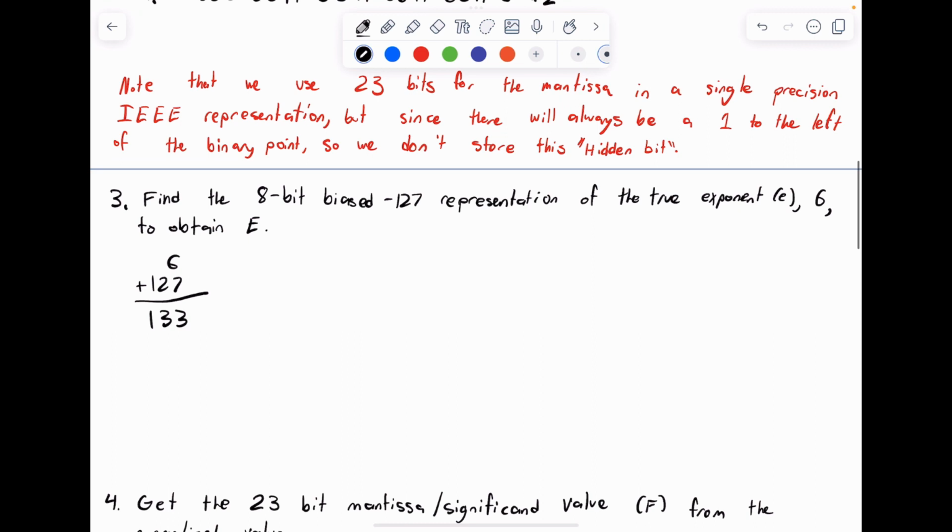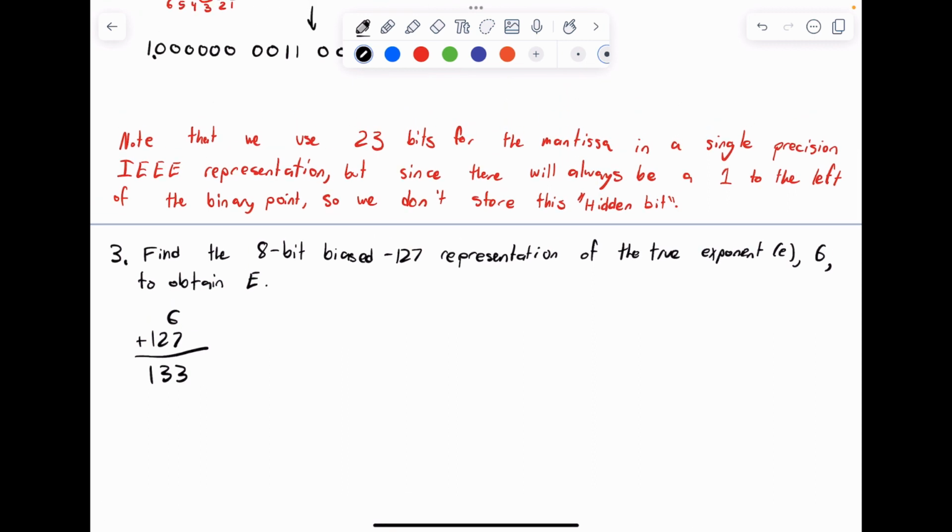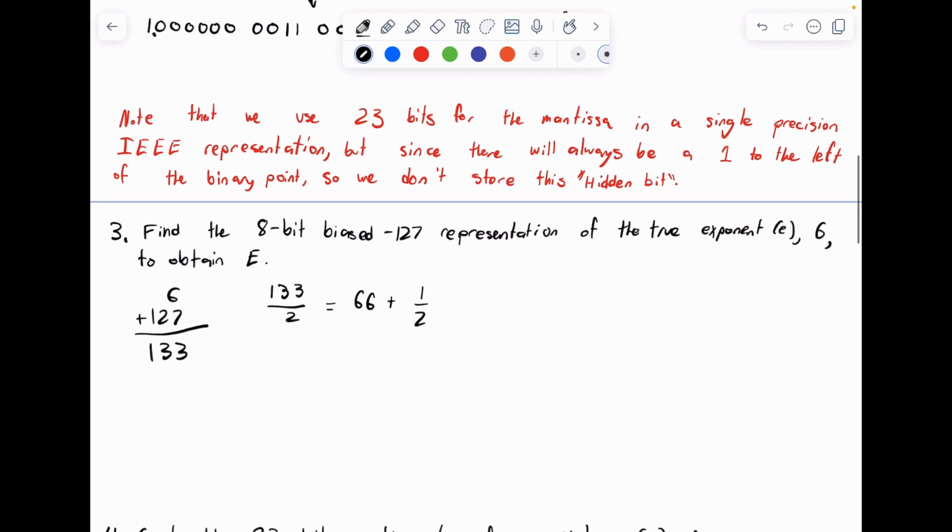And now we just need to find 133 represented in 8 bits, following the same procedure that we did for 64. So then we bring the 66 down. 66 divided by 2 is equal to 33 plus 0 over 2. 33 divided by 2 is equal to 16 plus 1 over 2.